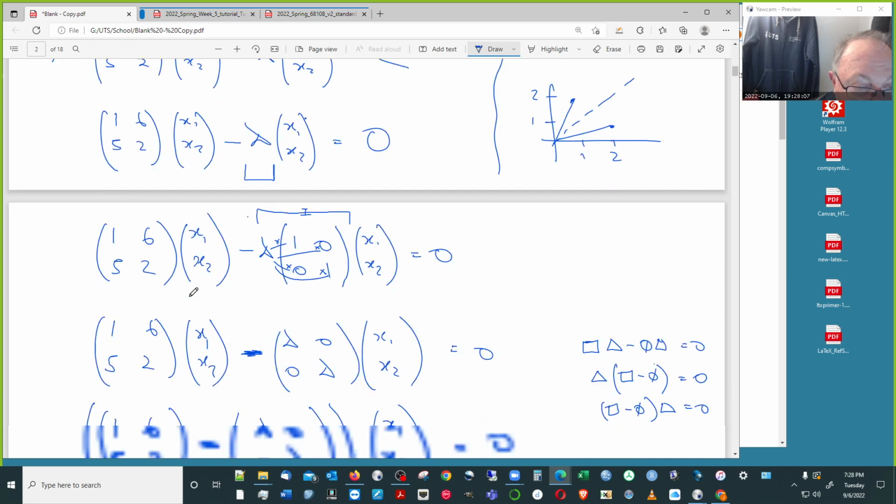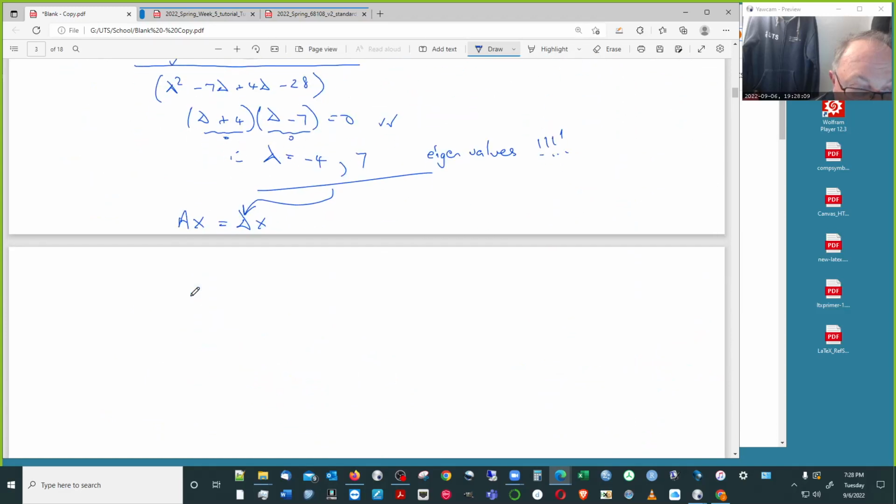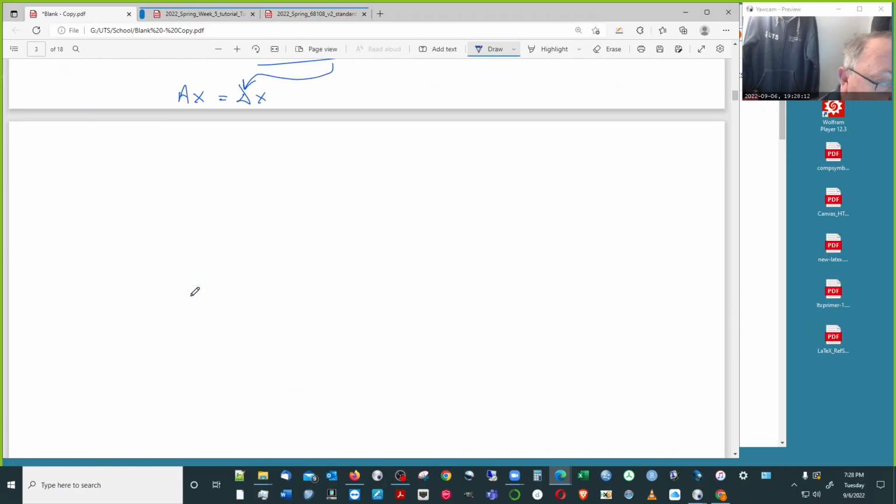All right, so what we do then is we take those vectors and put them back into our system. So if we've got to find the corresponding eigenvectors now, call it lambda 1 and lambda 2.